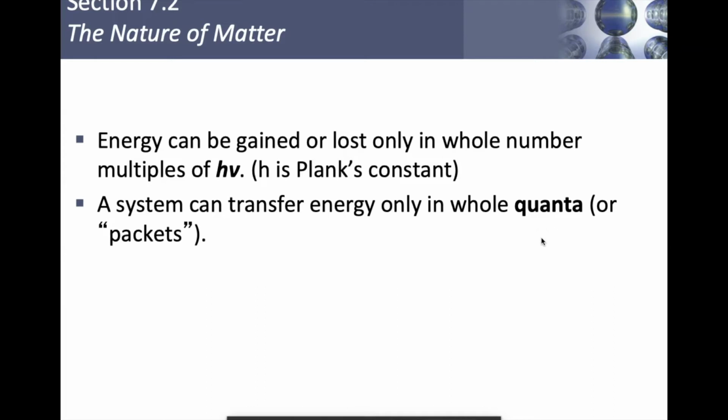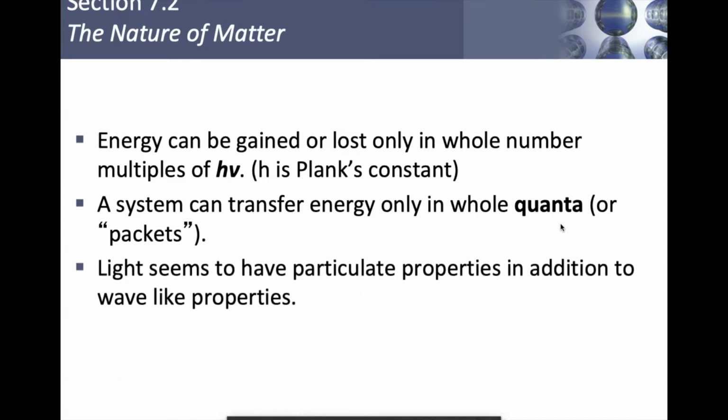So if you've ever wondered what quantum mechanics is, or what the word quantum means in quantum mechanics, it comes from this idea that only whole number multiples of this can be transferred energy-wise between atoms and from atoms. And we call that little packet of energy a quanta.